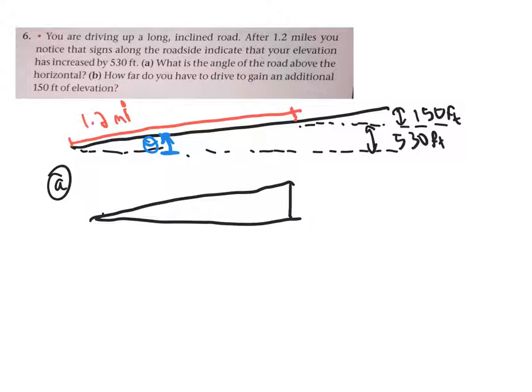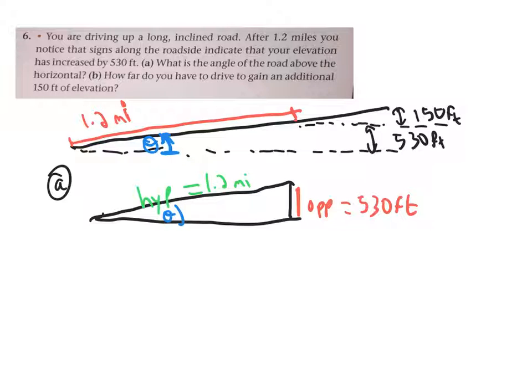So what we have here is that our hypotenuse is 1.2 miles, and our opposite side is 530 feet. And they're in different units, so at some point I have to convert, but that's not relevant at the moment. And then remember, this is our angle theta.